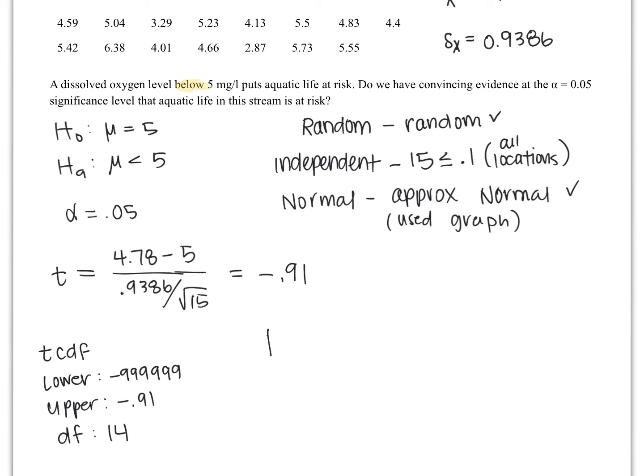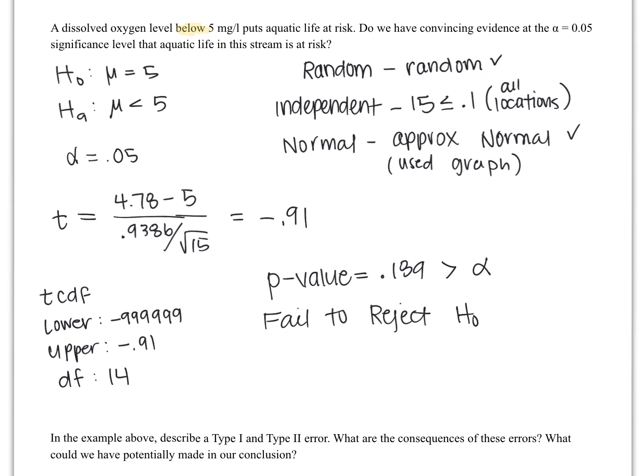And we're going to get a p-value of 0.189, which is greater than our alpha of 0.05. So again, we are going to fail to reject the null hypothesis.